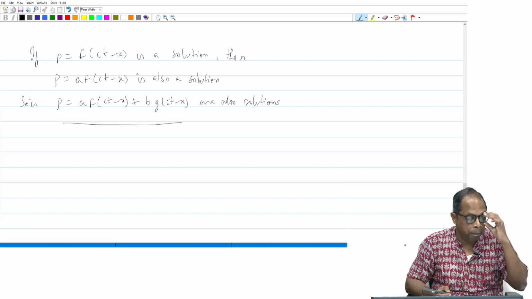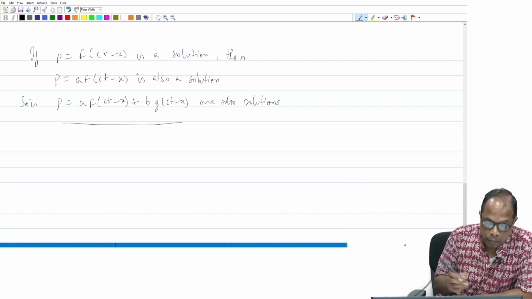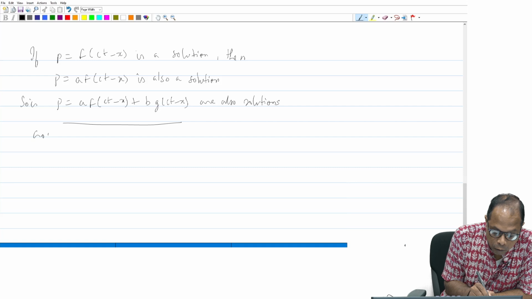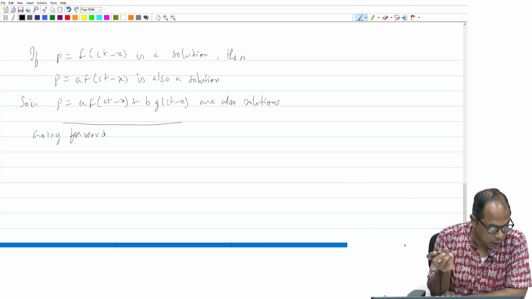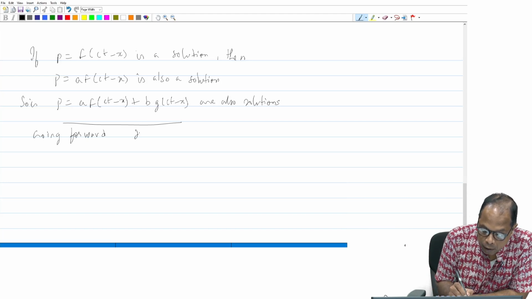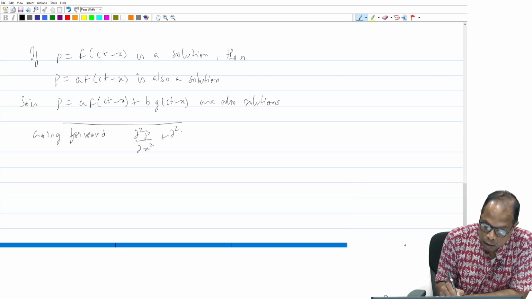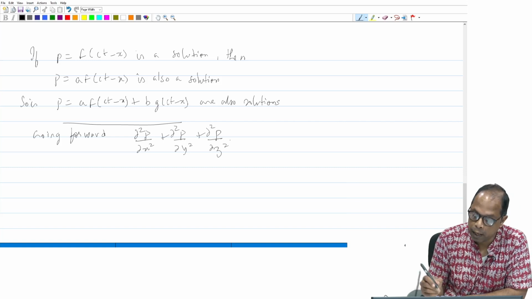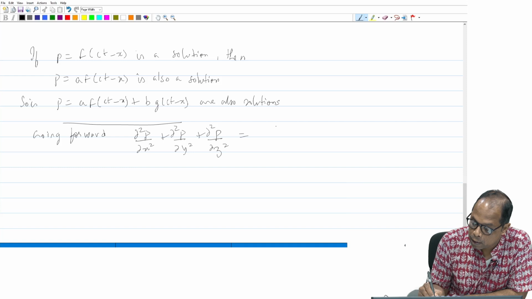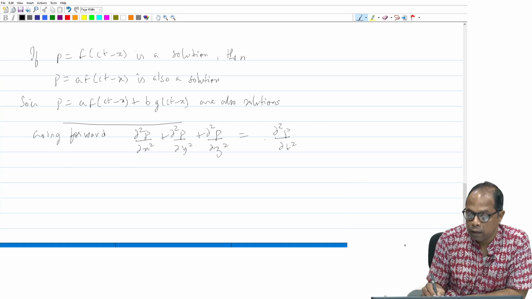Now, going forward, I'm going to change things just a little bit and write the wave equation as this. This is the left hand side of the wave equation that we had, and on the right hand side we had d square p by dt square partial, divided by c square.